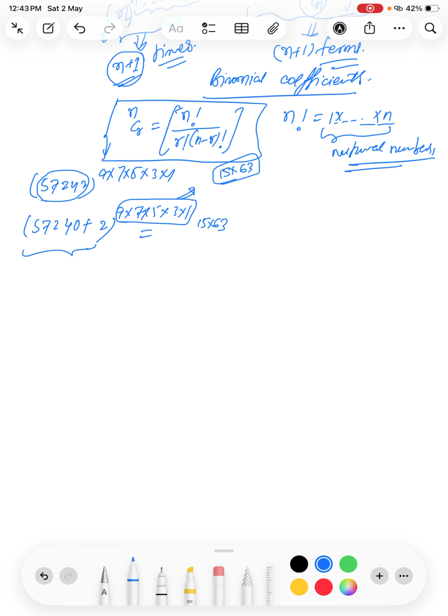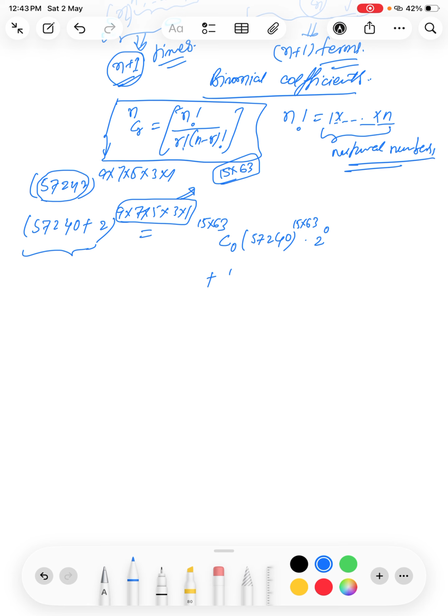The first term will be 15 into 63 C0 into 57240 to the power 15 into 63 into 2 to the power 0.